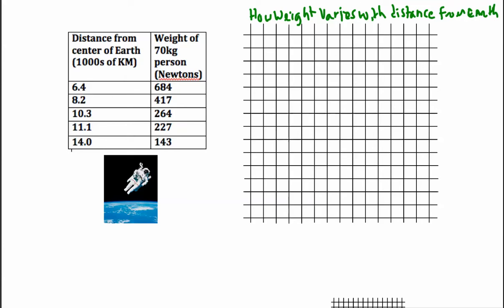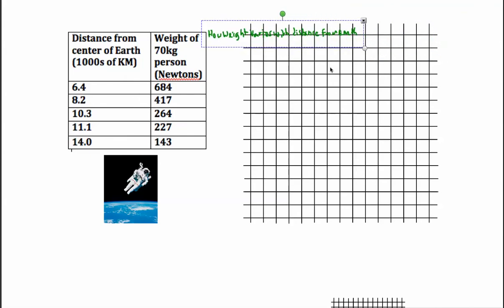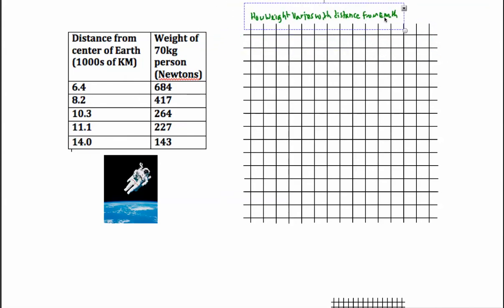And of course we want to make that a little bit neat, so we're going to shrink that down so it fits over my graph nicely.